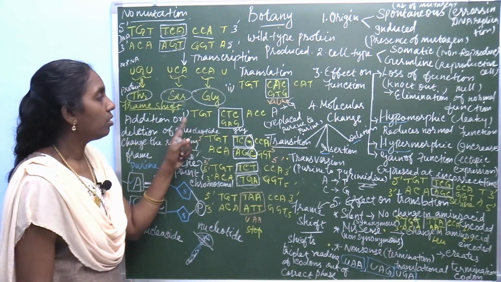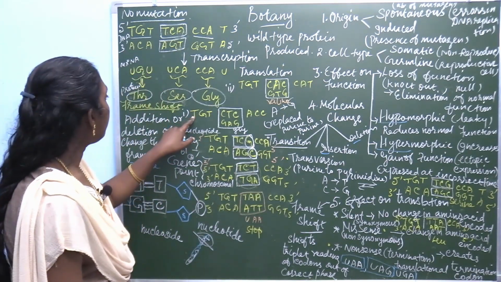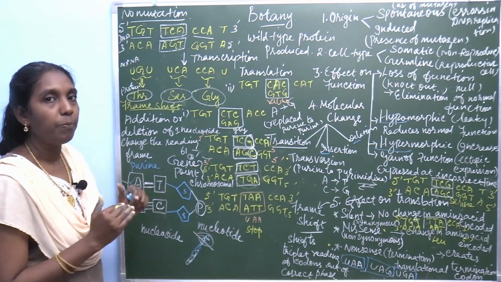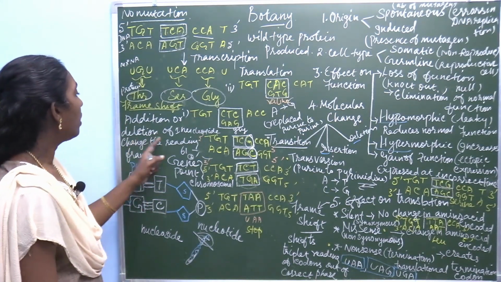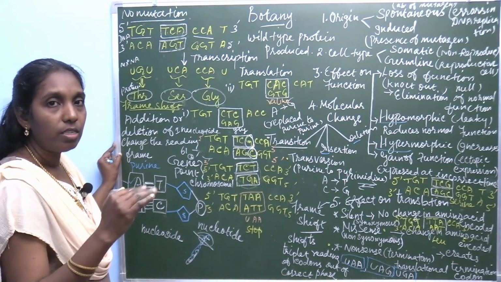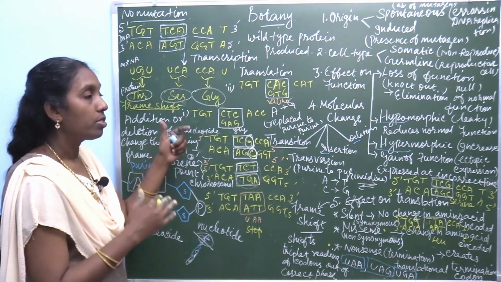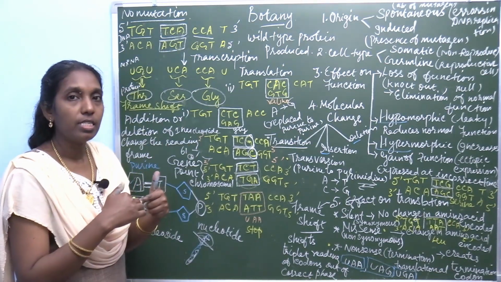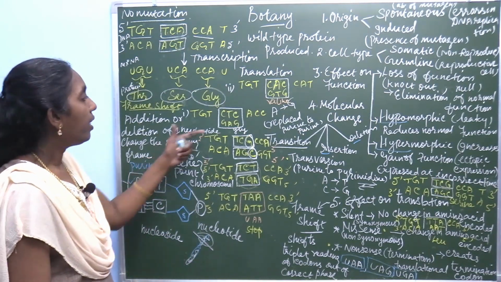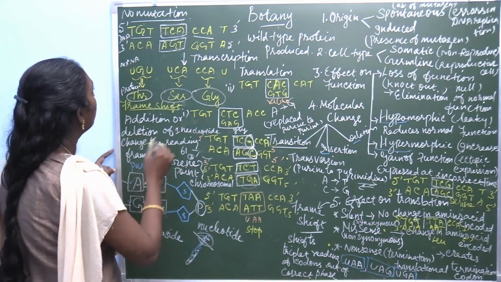Example, first one. This frame shift is happening because of addition or deletion of nucleotides, say one nucleotide, either addition or deletion. So, when one nucleotide changes, it shifts the reading frame. See here, this is one example.